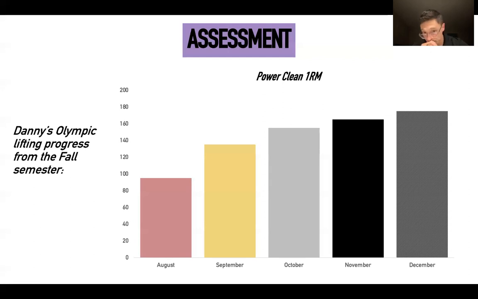And then from there, each month he tended to make steady increases, typically averaging about 10 pounds per month, which is still really, really good, especially on a lift that's as technical as the clean, right? So starting at August, he started at 95, and in December, before he left for break, he ended with a 175-pound power clean, totaling for an 80-pound increase in his 1 rep max.